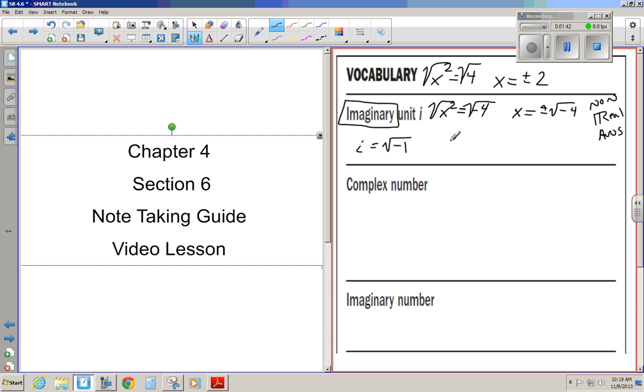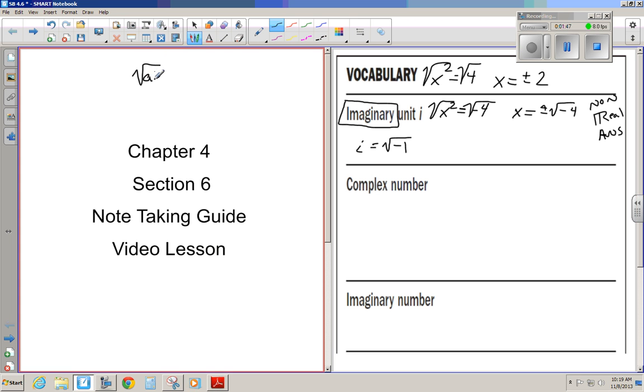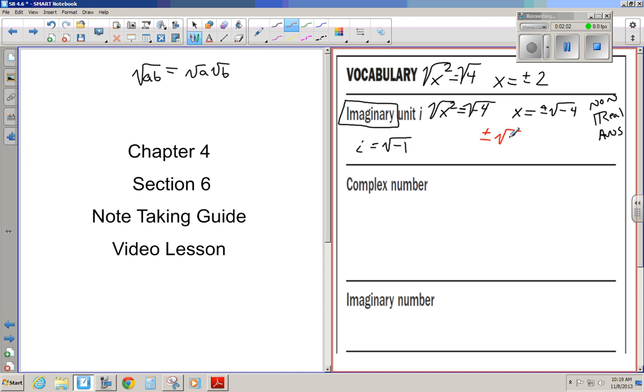So basically, using the product property, hopefully you remember that the square root of AB could be the square root of A times the square root of B. And so this negative 4, you break up to plus or minus the square root of negative 1 times 4. All I did was break up the products. So you'd end up with the square root of negative 1 and the square root of 4.